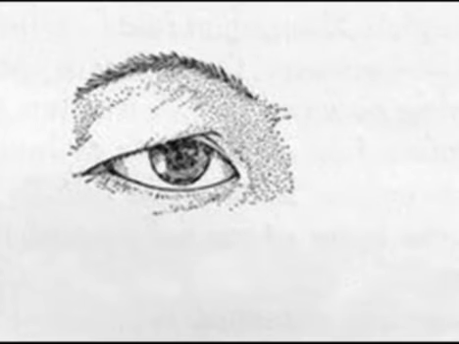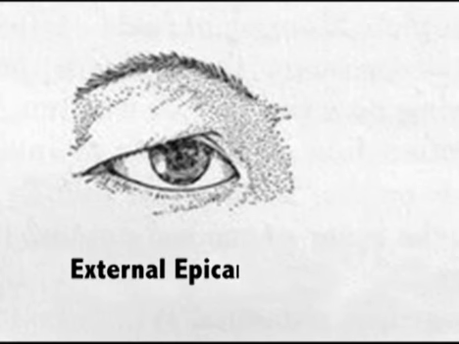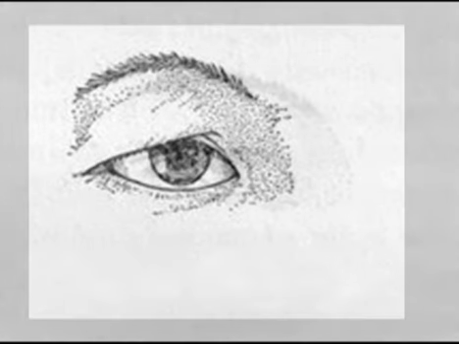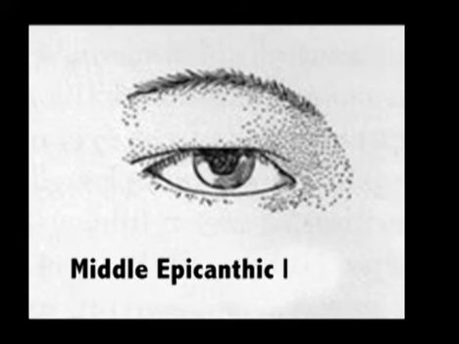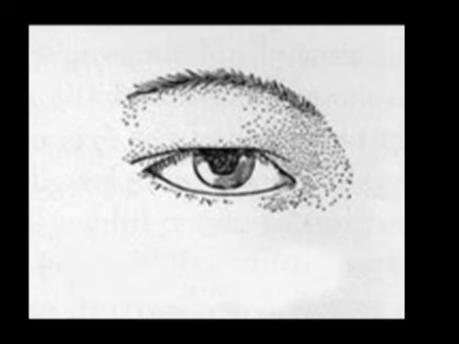At the same time, there may be individuals for whom this may be external epicanthic fall or outer epicanthic fall. And there may be a case of middle epicanthic fall, where the upper fatty skin hangs over and covers the middle part of the upper eyelid. Then this is called middle epicanthic fall or median epicanthic fall.